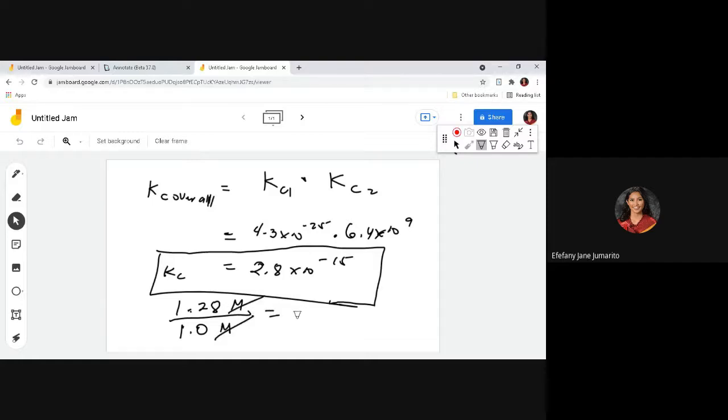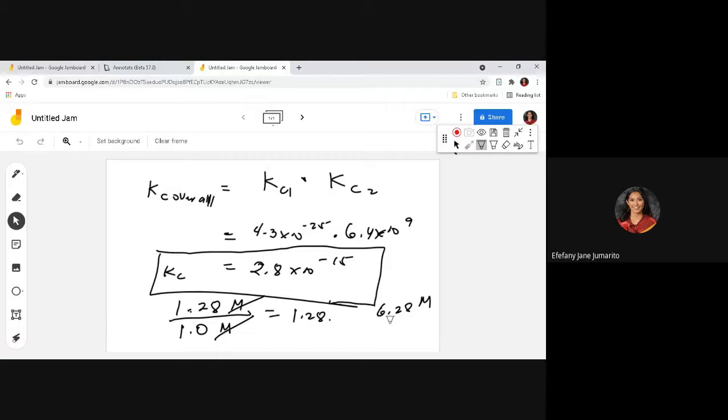So that becomes unitless, 1.28. Example, class, if we have 6.28 molar, it becomes a ratio to the thermodynamic standard state.